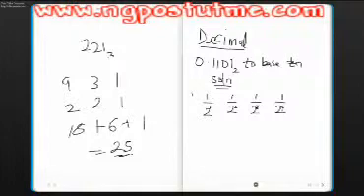So 2 raised to power 1 is going to be 2, because any number raised to power 1 is that number. 2 raised to power 2 is 2 times 2, that's going to be 4. Then 2 raised to power 3 is 2 times 2 times 2. 2 times 2 is 4, and 4 times 2 is 8. 2 raised to power 4 is 16, because 2 times 2 is 4, 4 times 2 is 8, and 8 times 2 is 16.